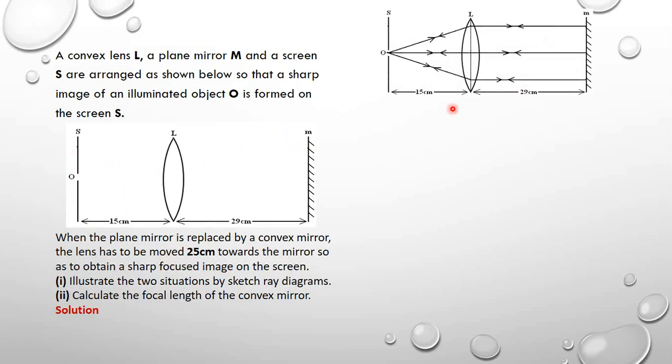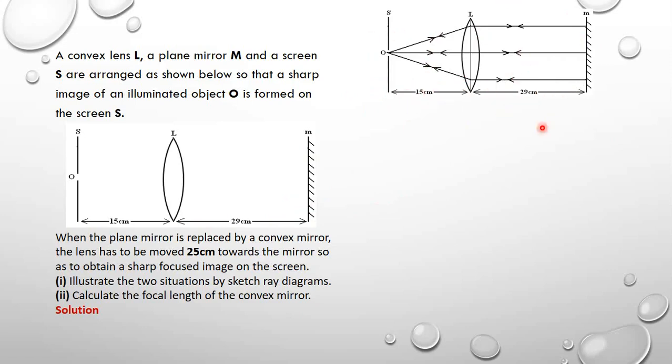When you look at this, the distance from the object up to the lens is 15 centimeters, and the distance from the lens up to the mirror is 29 centimeters.